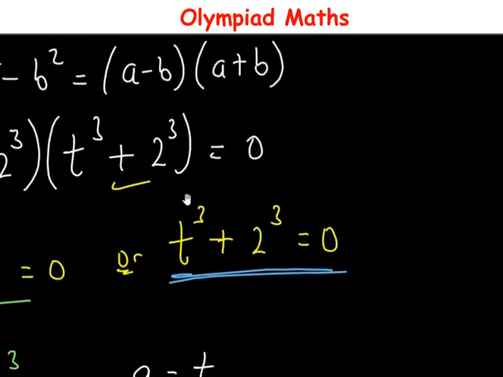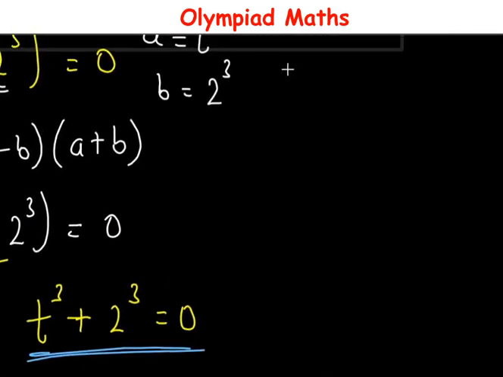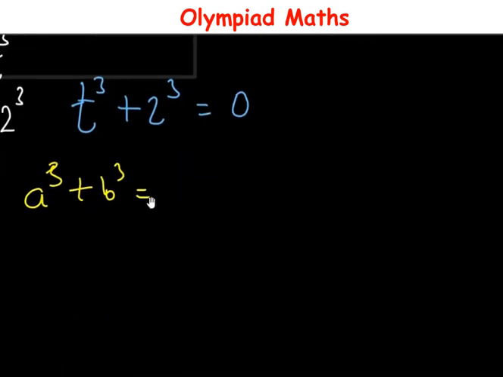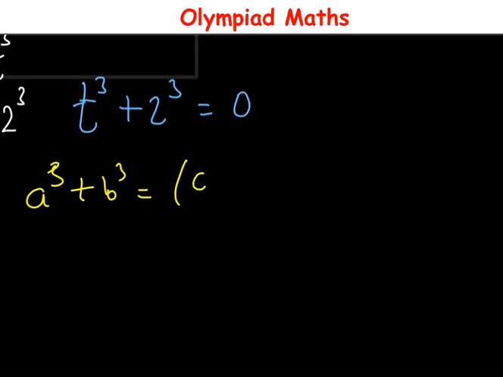So we have from here that t raised to power 3 plus 2 raised to power 3 is equal to 0. This is in the form of sum of two cubes. If you have a cubed plus b cubed, this is equal to, in bracket, a plus b multiplied by a squared minus ab plus b squared.